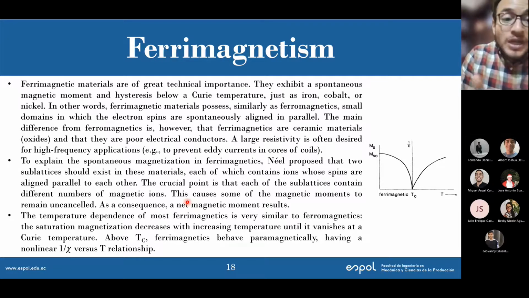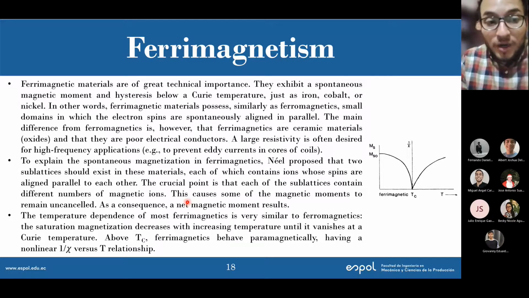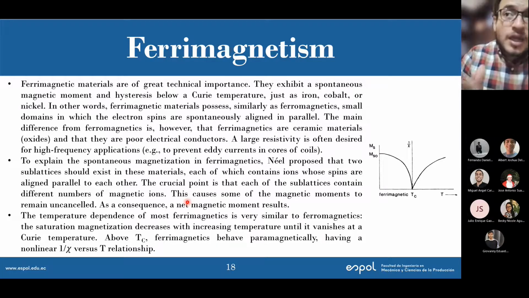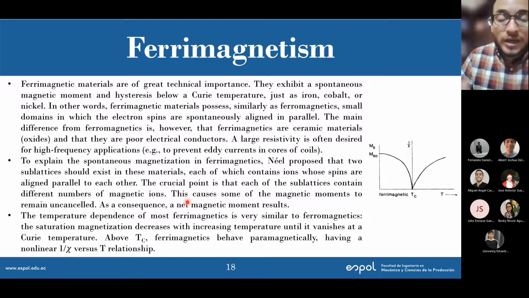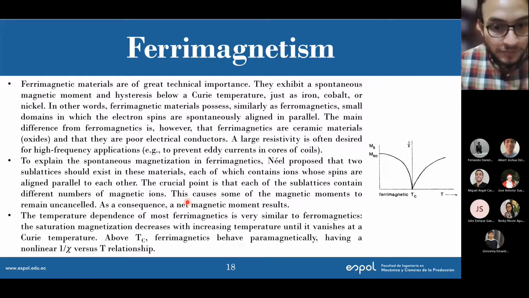So yes, you will have electron spins that will spontaneously align in parallel. But it's not that all electron spins align in the same direction. There will be some that will align in the opposite direction. So there will be a partial cancellation, but not a net cancellation of the magnetic moment.